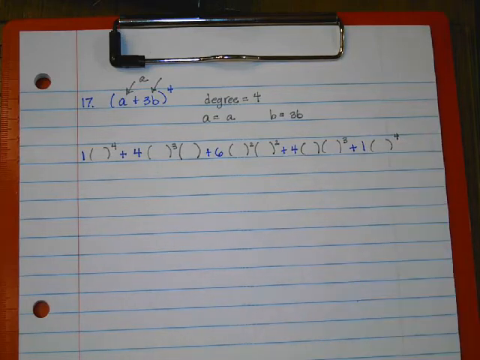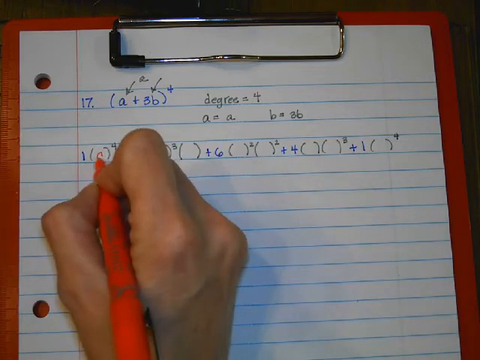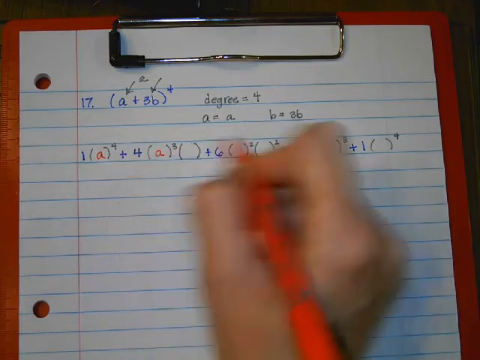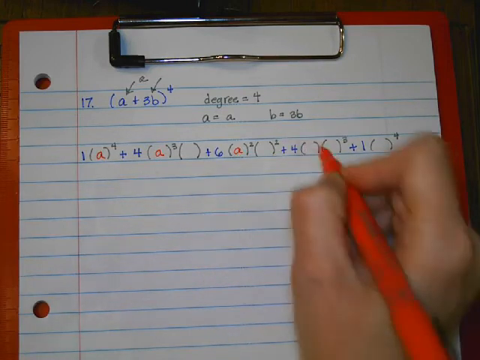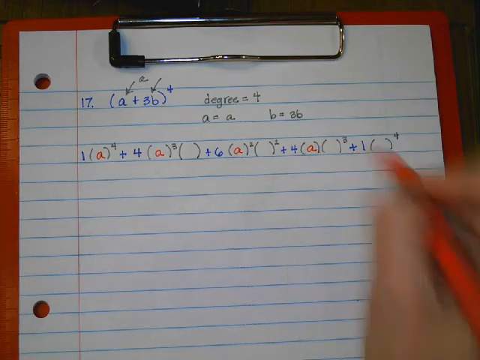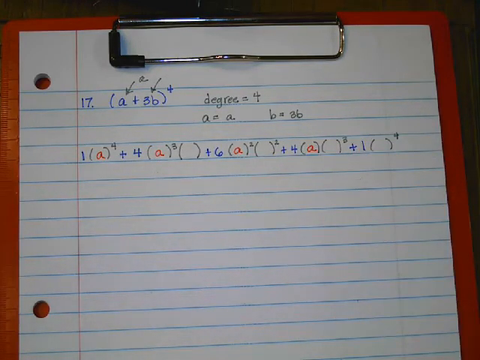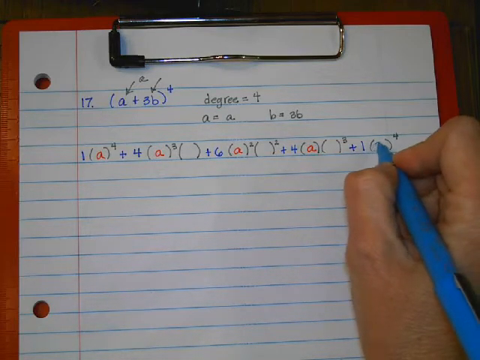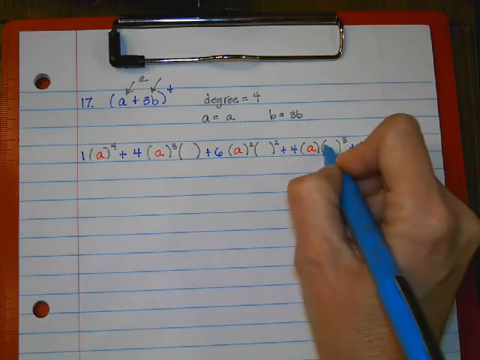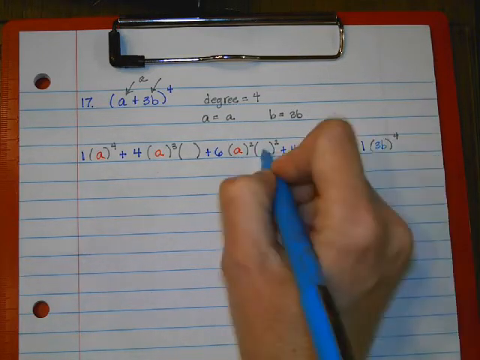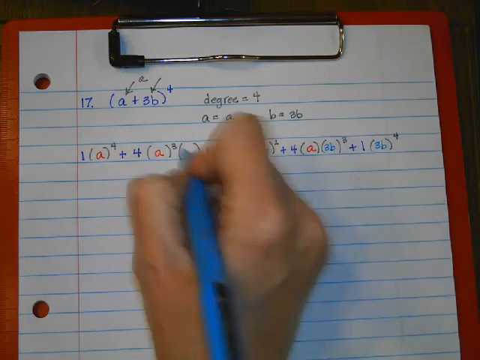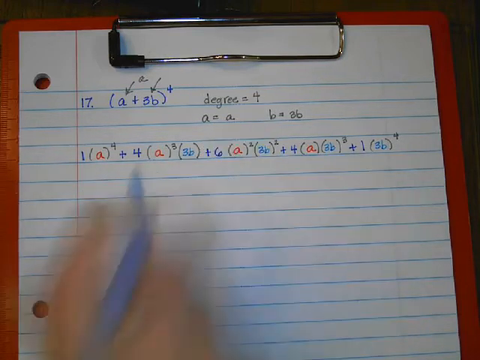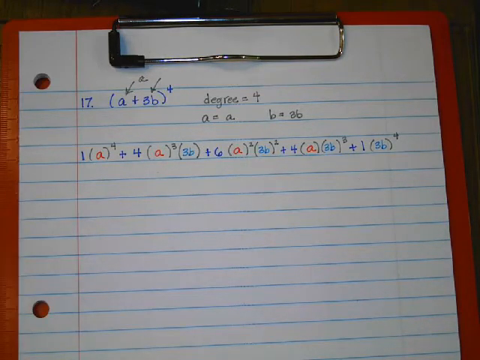Then we'll go ahead and start substituting my A values. A is A, so A to the fourth, A to the third, A to the second, A to the first, no A. Then my B value, sorry, here on the back, my B value is 3B, so 3B to the fourth, 3B to the third, 3B to the second, 3B to the first, and no B. All right?